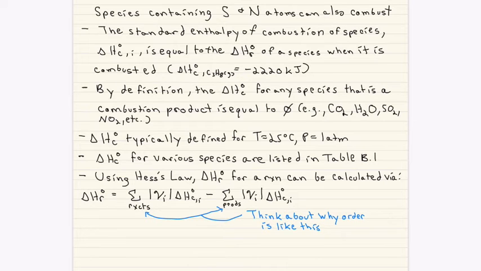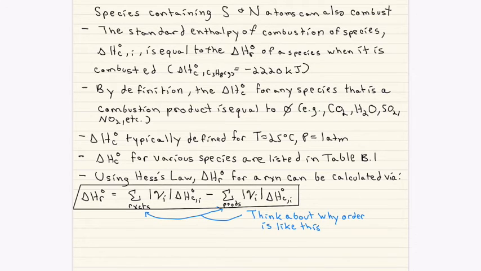So we now defined an equation that allows us to calculate the standard enthalpy of reaction for any reaction by using the enthalpy of combustion values for the reactants and the products.